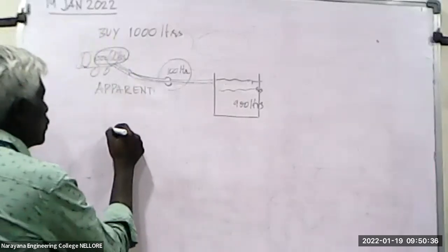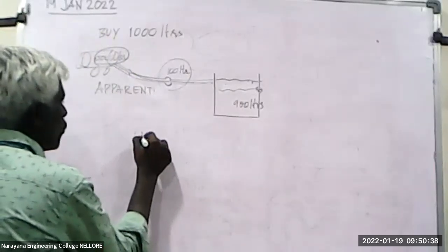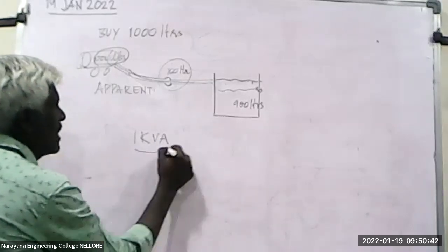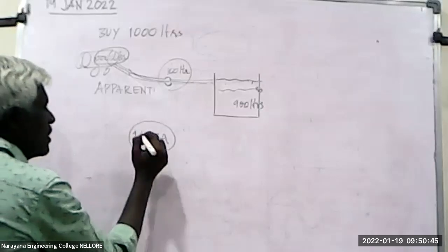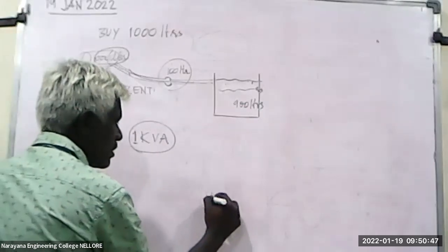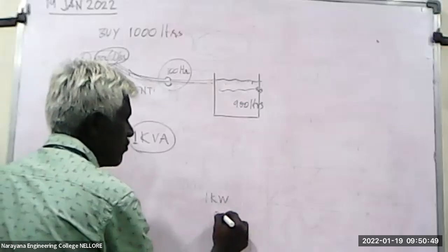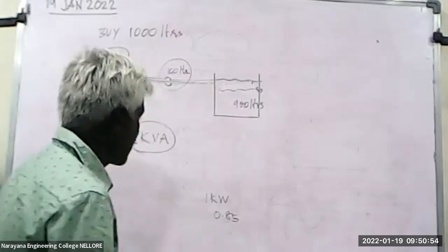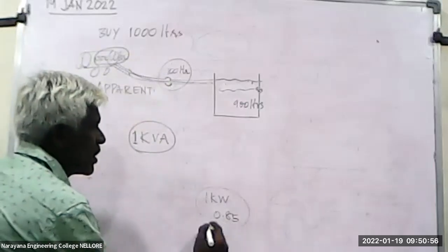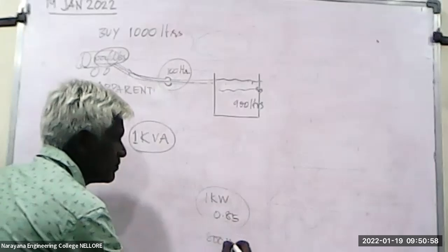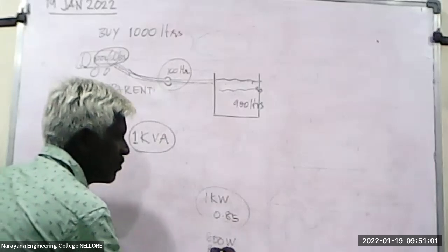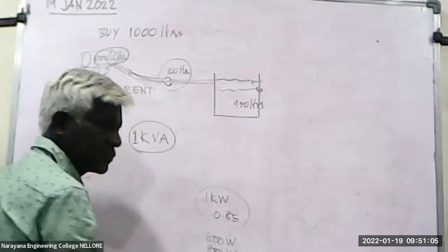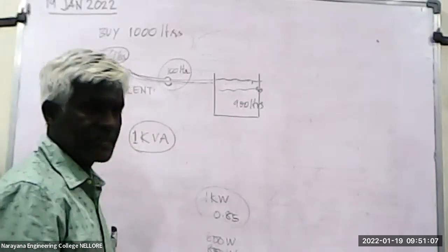When you get a generator of 1 kVA and you connect a load of 0.85 power factor, you can load up to 850 watt. But when you connect 900 watt, it cannot deliver. Why?